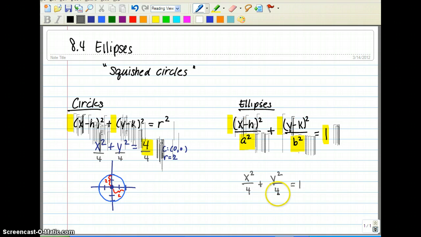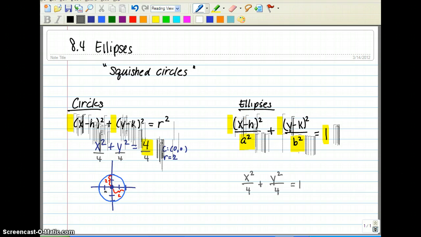But what you notice is both of these bottom numbers are the same. If they're the same, you're going to create a circle, because what these bottom numbers will do is determine how far to count for these two spots. And so you're going to count the same number. It's actually going to be the square root of that. So 2 and 2, that's going to make a circle, not an ellipse.